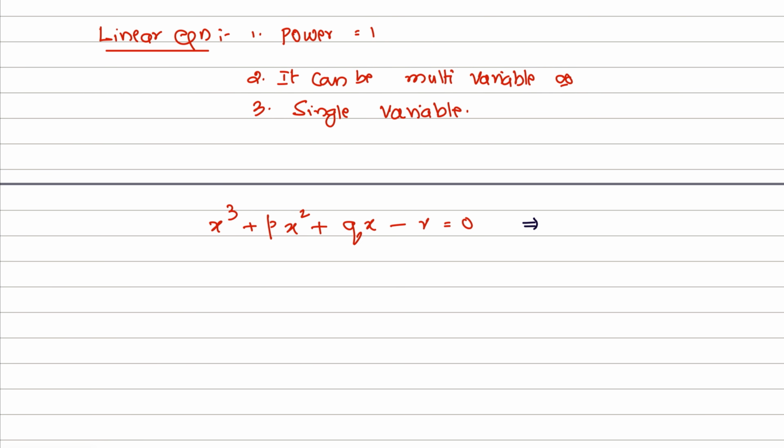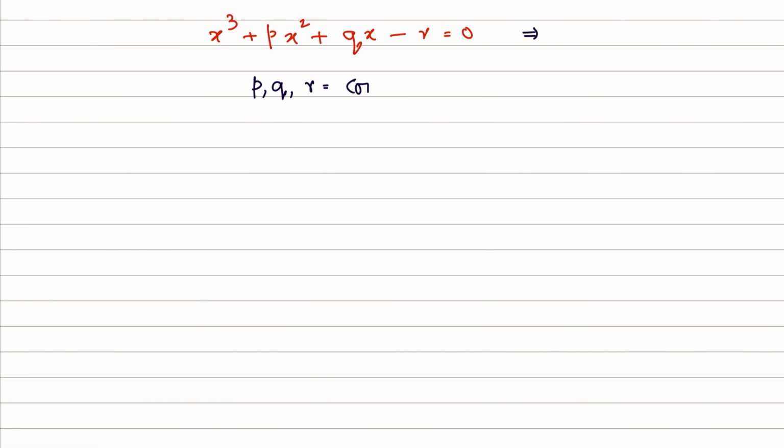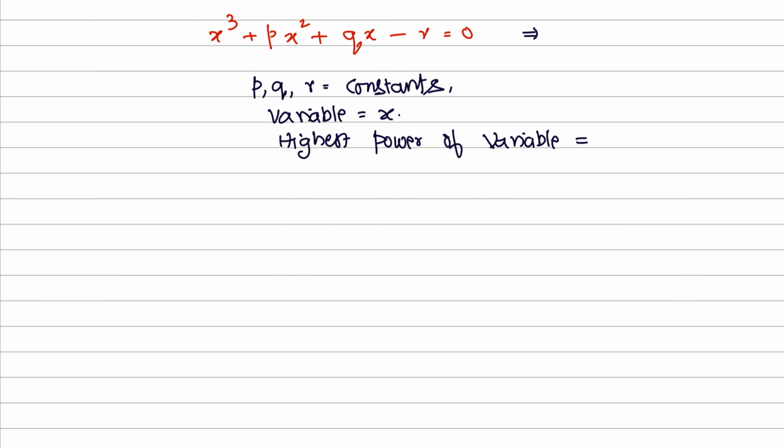P, Q, R are constants. Variable is equal to x. It can be in the form of x cube, x square or x. Variable is x. Then highest power of variable is equal to 3 because of x cube.